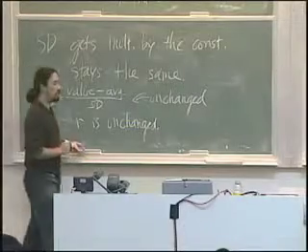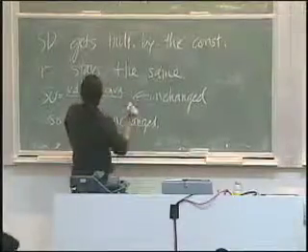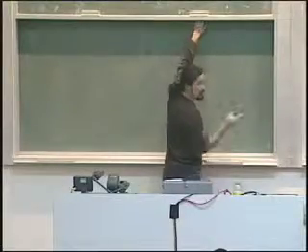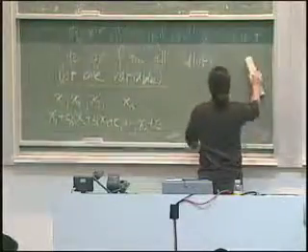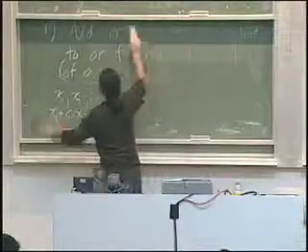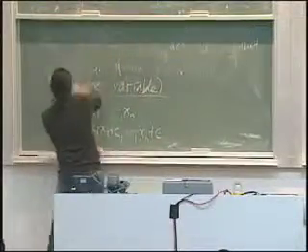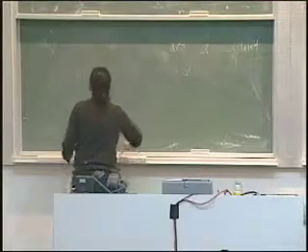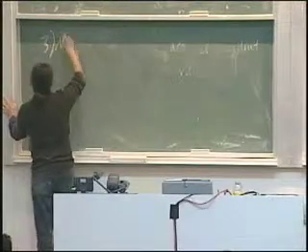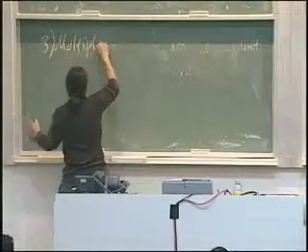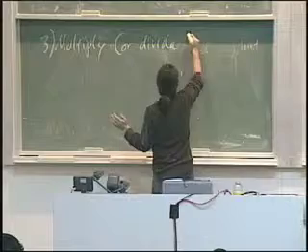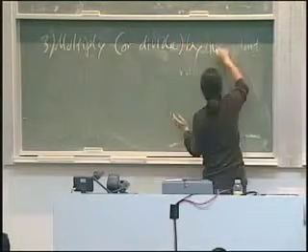Okay, so there are actually two last, very short bits I want to do. One is what happens when the constant is negative, so when you multiply or divide by a negative constant.